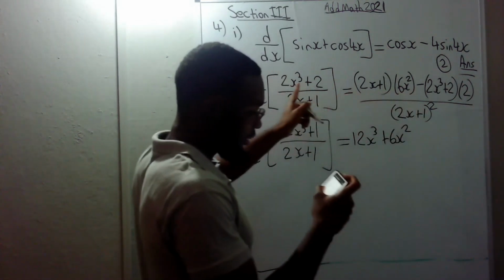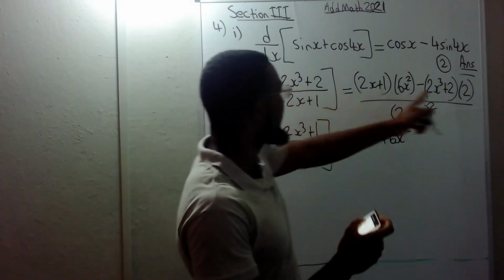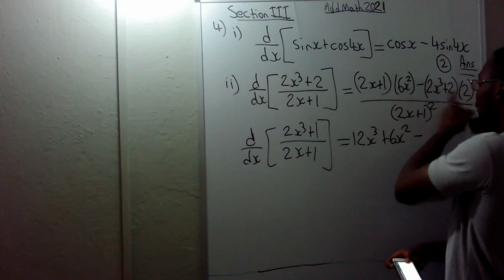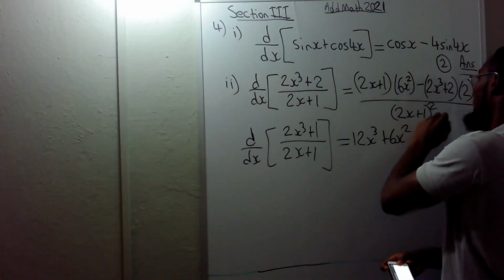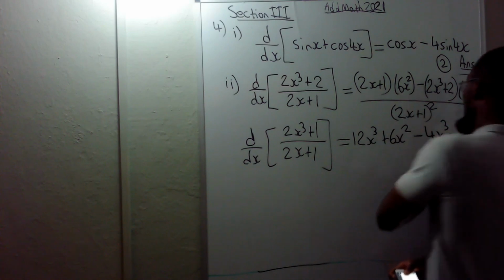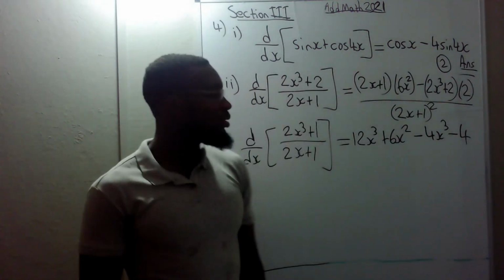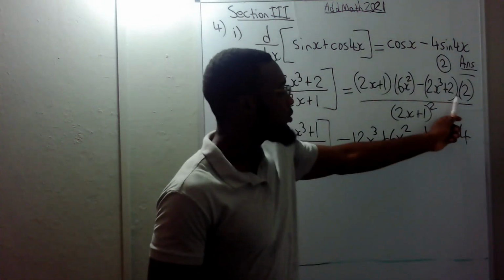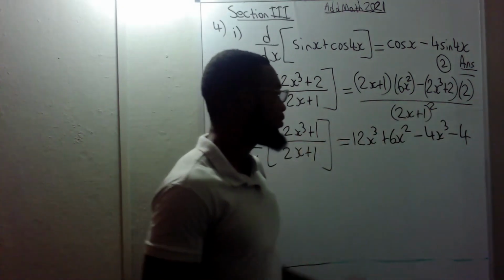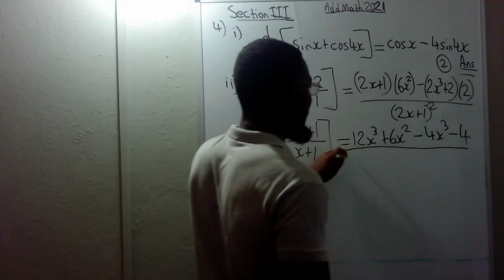Minus the top, times the differential of the bottom. Good. So 2 times 2, that's 4, that's 4x cubed. Then 2 times 2 is also 4, so that's minus 4. But you probably wonder where that minus comes from. Positive 2 times positive 2 is 4, but then this negative sign makes it a minus 4, divided by the bottom squared.